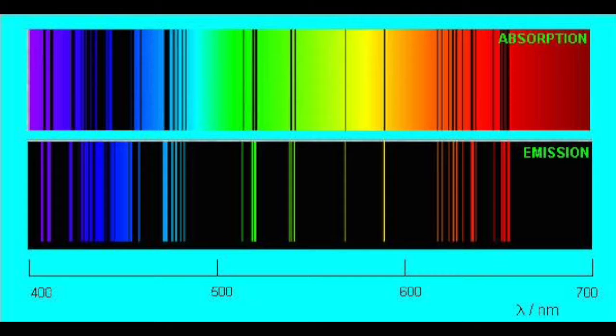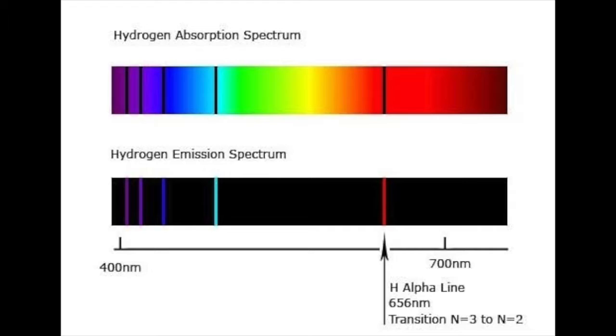Bohr's model of electrons in energy levels also explains why each element has a different spectrum. For example, hydrogen has only a single proton and a single electron. Sodium has 12 protons and 11 electrons.